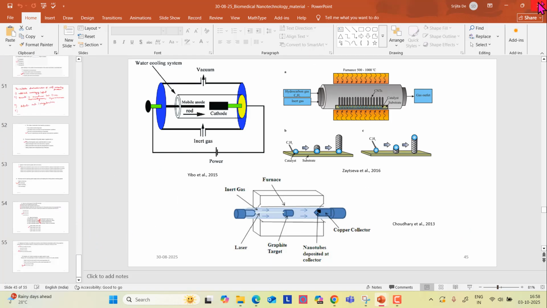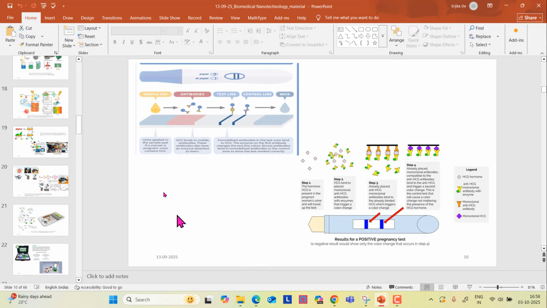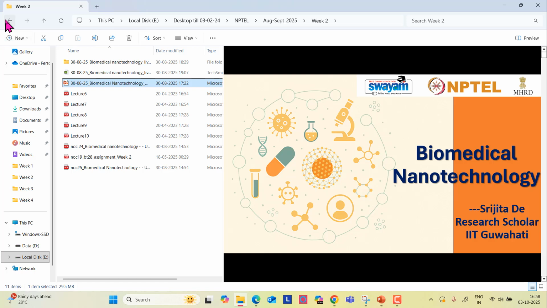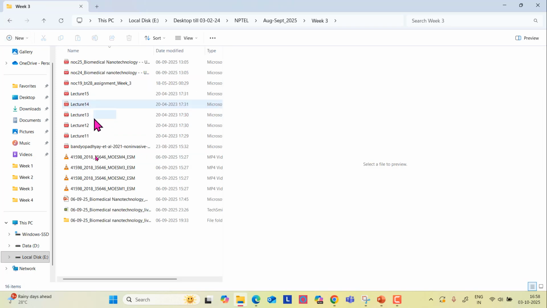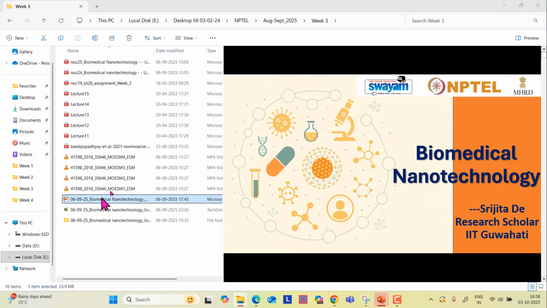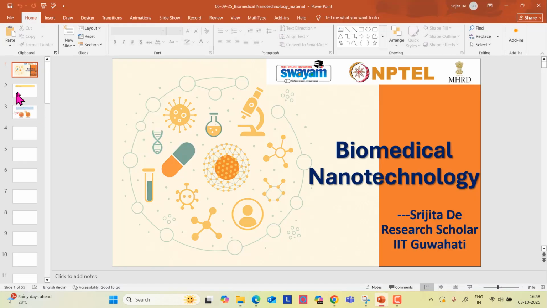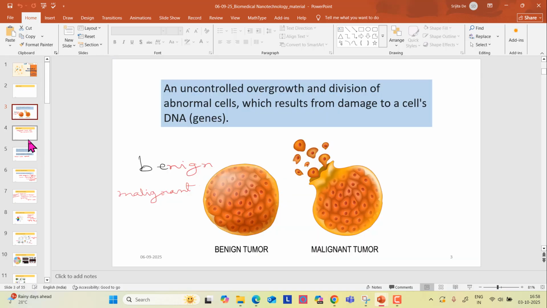Okay, in the third week, this is the last week, right? Yes. Third week, we have studied about organ bioprinting and other organs, right? So this is the difference between benign tumor and malignant tumor.